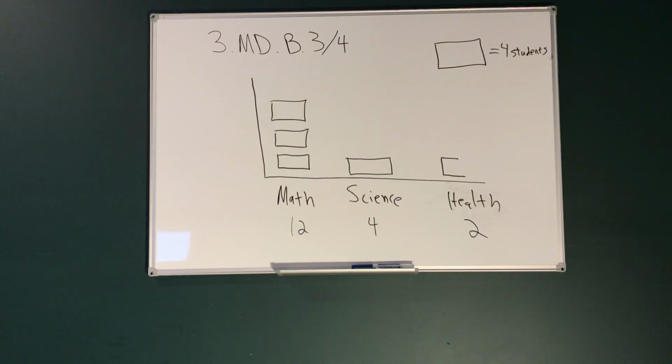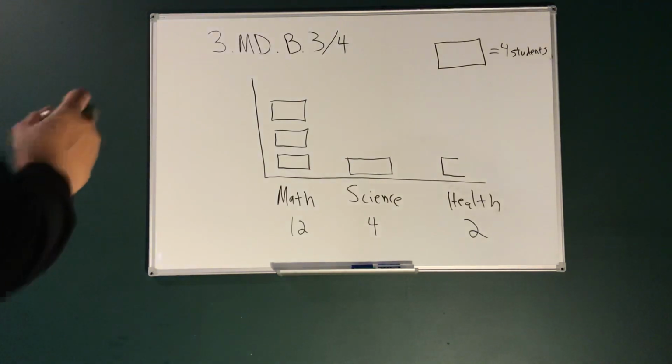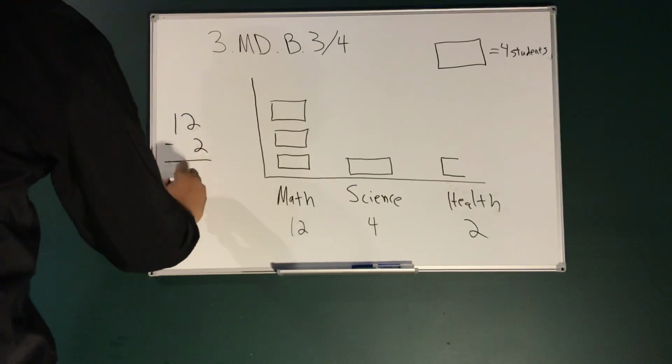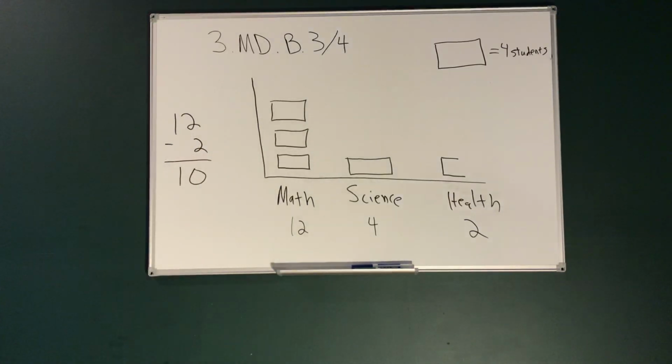When we talk about how many more, what operation should you be thinking? Yes, subtraction. So if 12 students picked math and 2 students picked health, I would get 12 minus 2, which gives me 10. So 10 more students picked math than picked health.